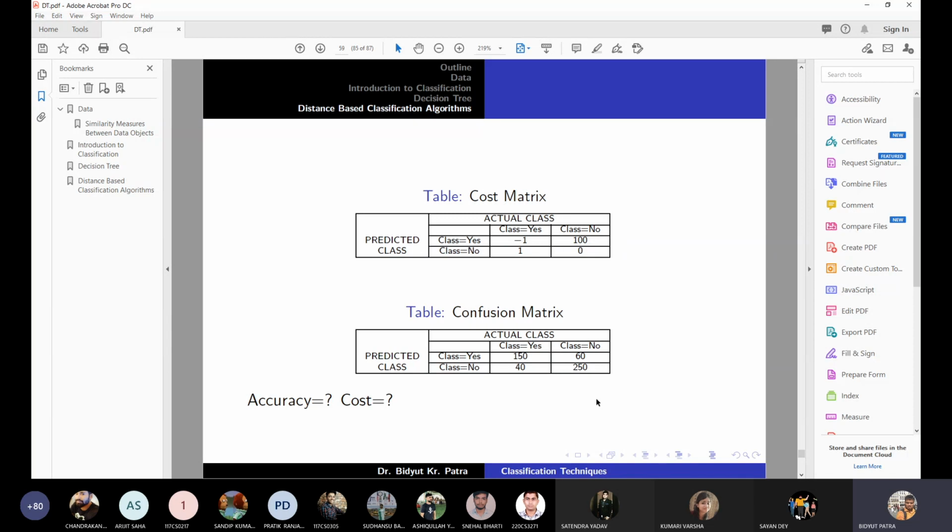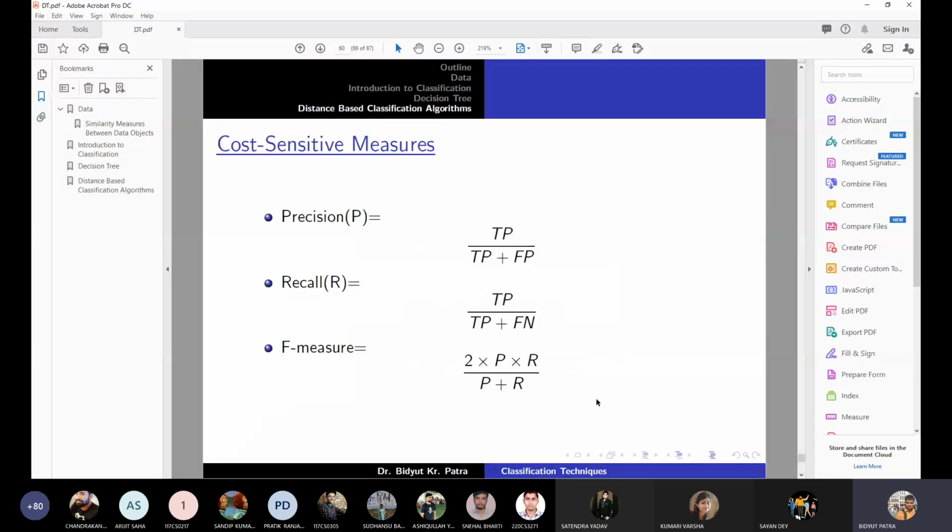So in most cases, we never go for putting a cost on measuring the accuracy of the classifier. The best way to do it is to use three metrics: precision, recall and F1 measure. These are called cost sensitive measures.